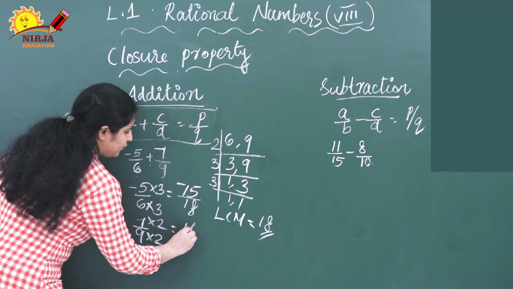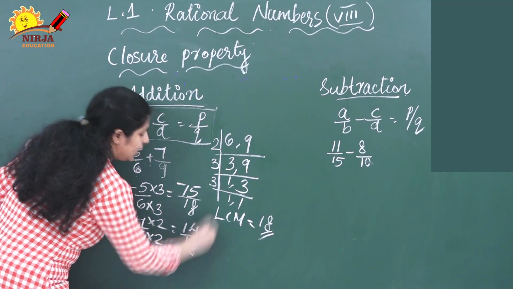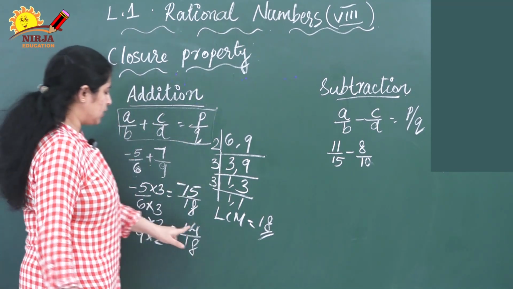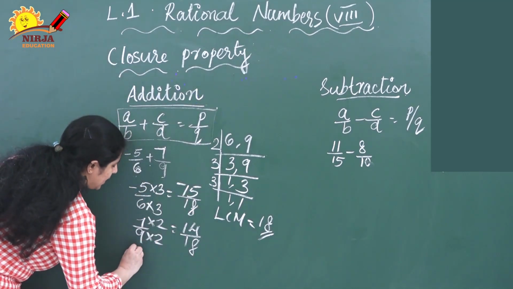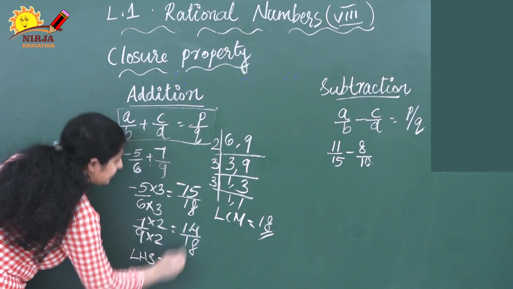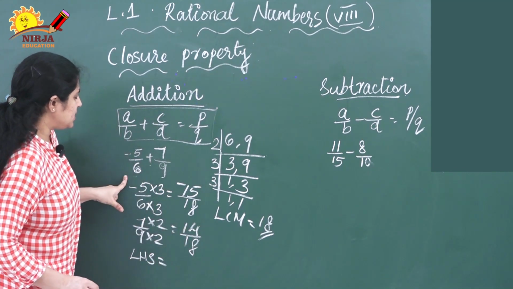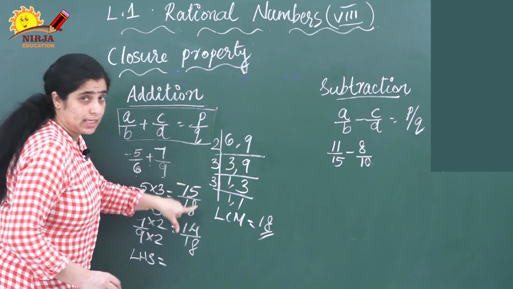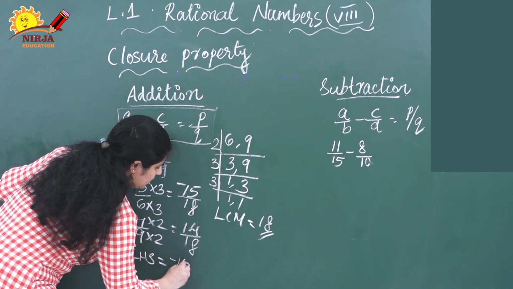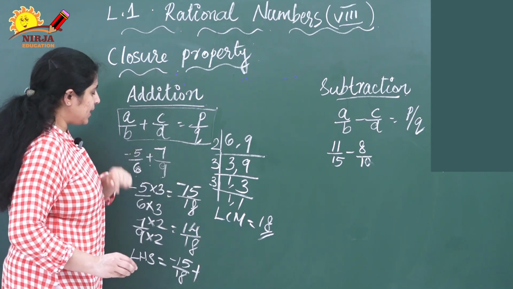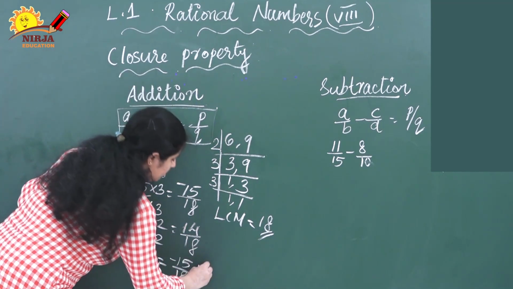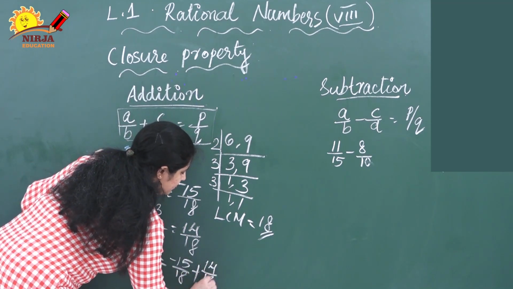So 7 2s are 14, 9 2s are 18. Like this way you will get 14 by 18. Now you can add these two numbers. I am writing LHS. Minus 5 by 6, instead of that I am writing it as minus 15 by 18. Plus, instead of 7 by 9 I am writing it as 14 by 18.